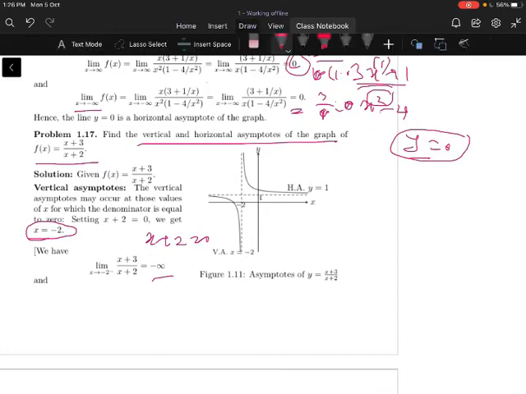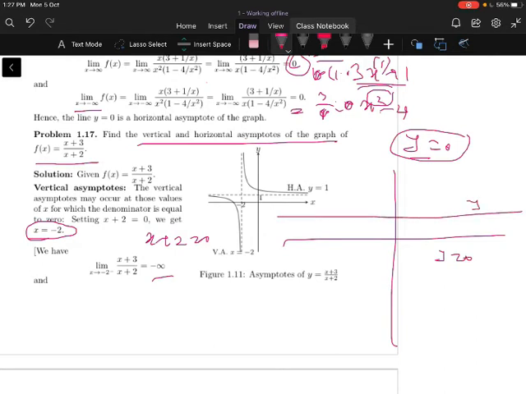Let us plot the figure now. So now let us take the coordinate system. This is y = 0, the x-axis. You can take y = 1 as a horizontal asymptote, and x = 0, the vertical line, and let us take x = -2 here. x = -2 is a vertical asymptote. Now we can observe these asymptotes, and like this it goes.